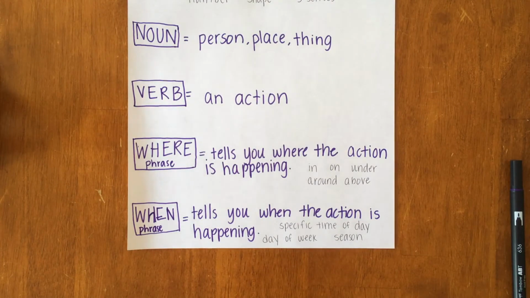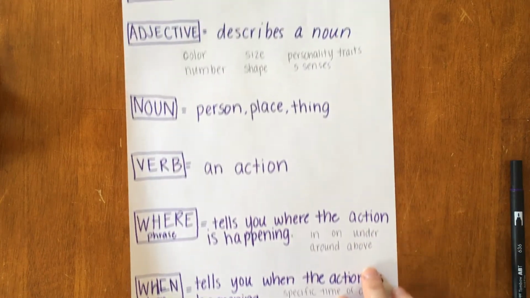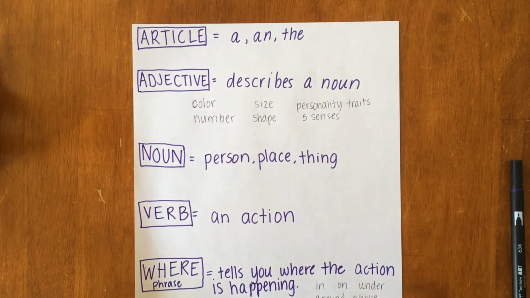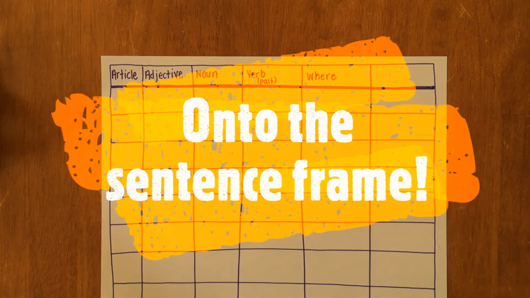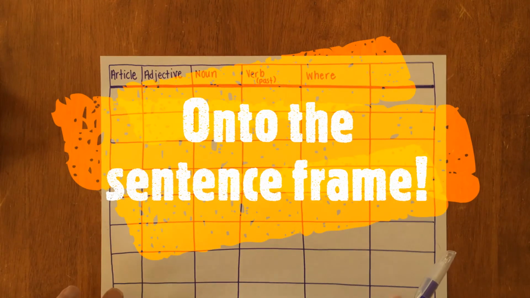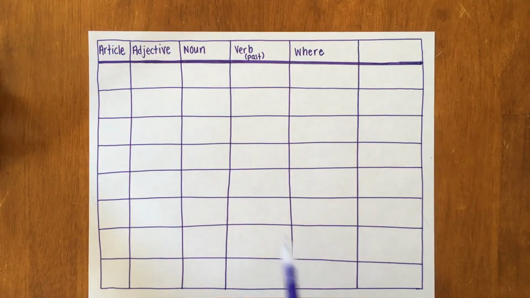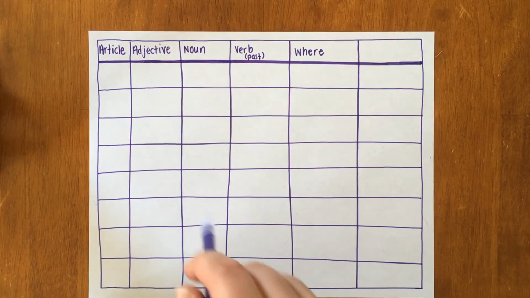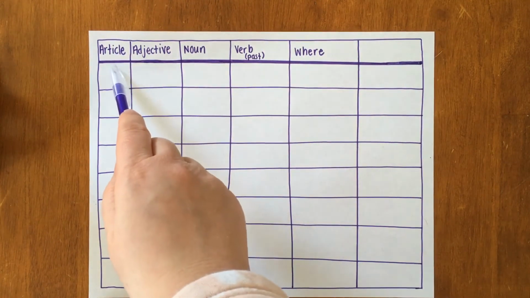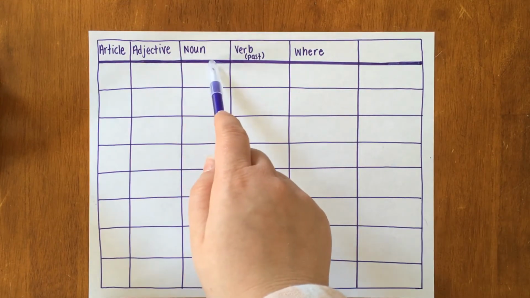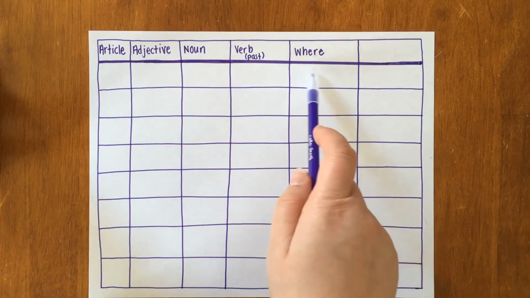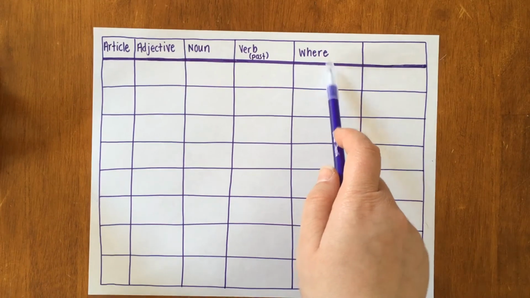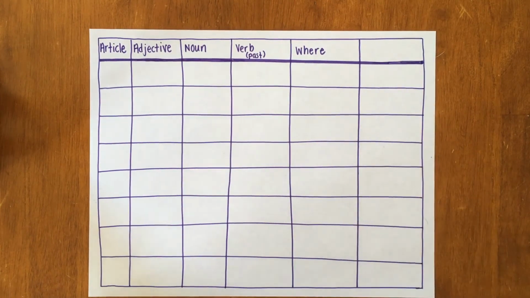So that wraps up our initial review of what all our parts of speech are going to be. And now we're going to take that knowledge and begin filling out our sentence frame. So here I've made a little chart which takes all of our parts of speech that we learned: article, adjective, noun, verb, and where phrases, and we might add when.